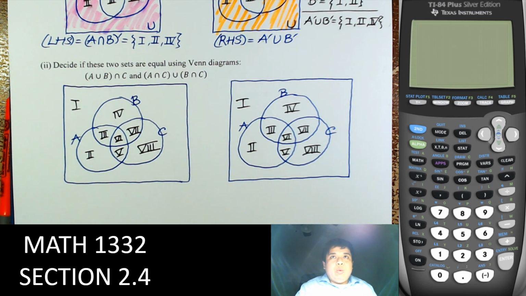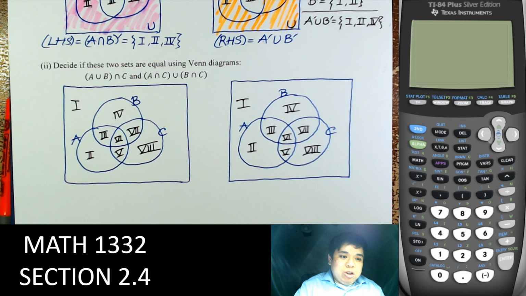So we draw a Venn diagram using Roman numerals.